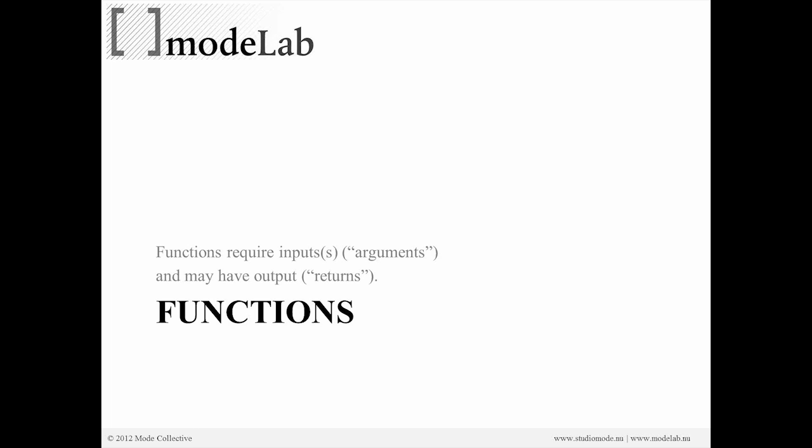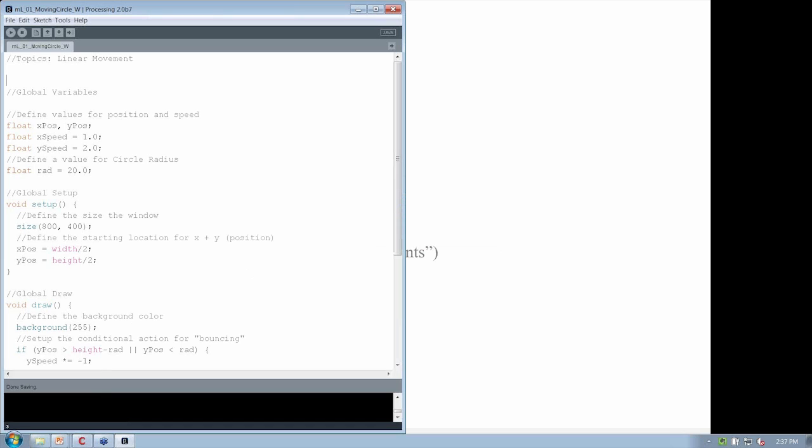So, what are functions like a little bit more technically? Well, they require inputs, which we'll call arguments, and they may or may not have outputs, sometimes called returns. Notice that when we use the global setup, we type void setup.